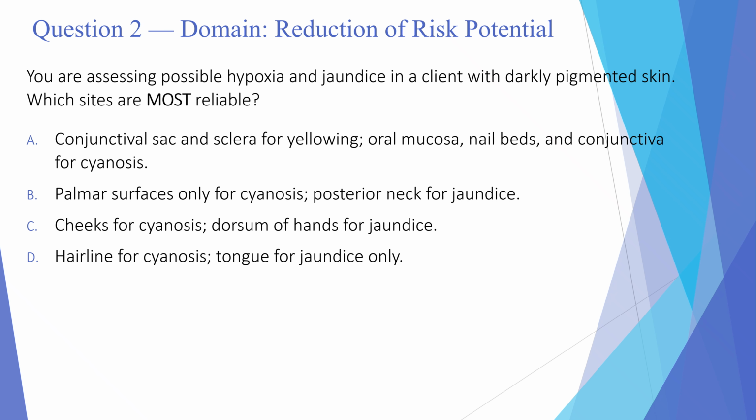Question 2, domain: reduction of risk potential. You are assessing possible hypoxia and jaundice in a patient with darkly pigmented skin. Which sites are the most reliable? A. Conjunctival sac and sclera for yellowing; oral mucosa, nail beds, and conjunctiva for cyanosis.